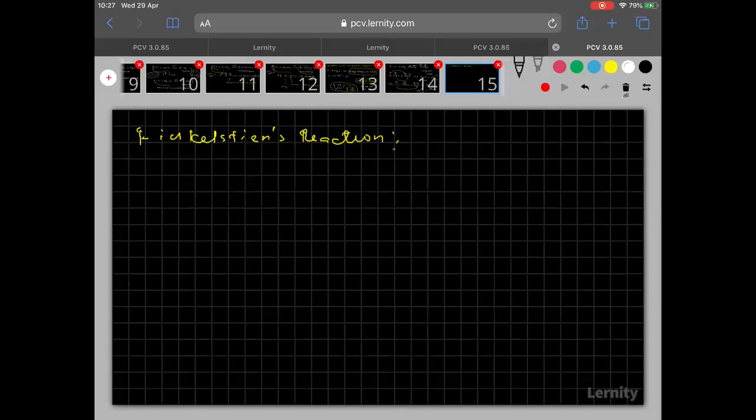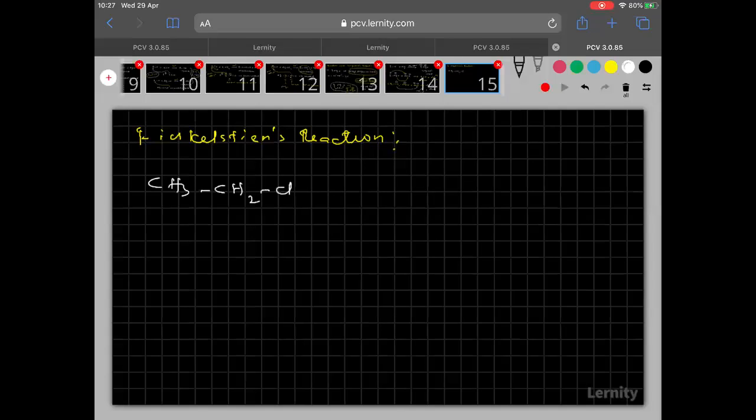We discussed this one in the preparation methods of haloalkanes and haloarenes. In preparation methods, this was completed. Okay, so just let me write the reaction of the Finkelstein halogen exchange. I don't know whether you remember or not here.